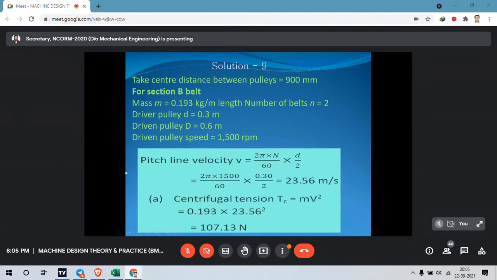Now you calculate the parameters as per the standard formulation of the belt drive. Pitch line velocity is 2 pi n by 60 into r, from r omega, so you will be able to calculate the pitch line velocity.